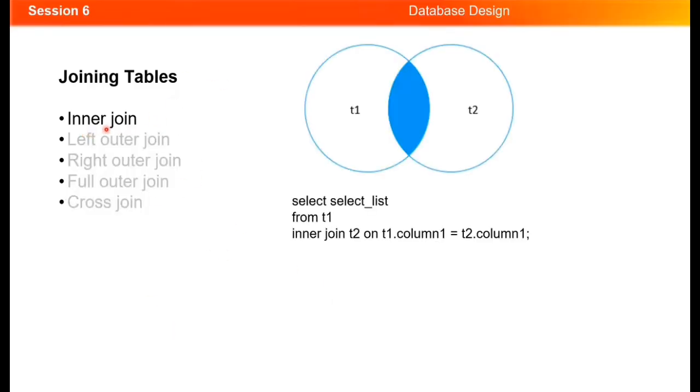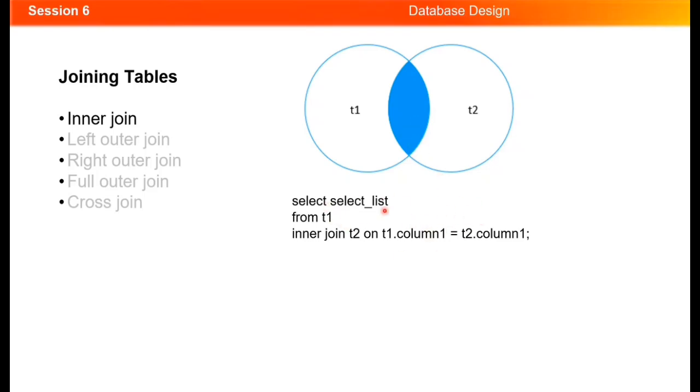Let's have a look at the inner join, in this case for two tables. So we can see here the result is going to be the intersection, or where certain columns are equal. So we'll return all records where the condition or certain columns are equal.